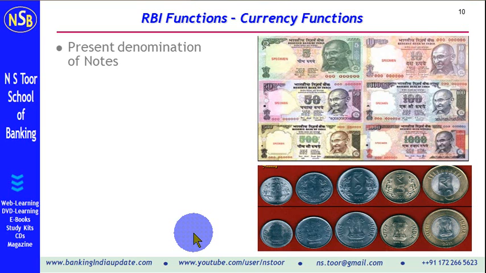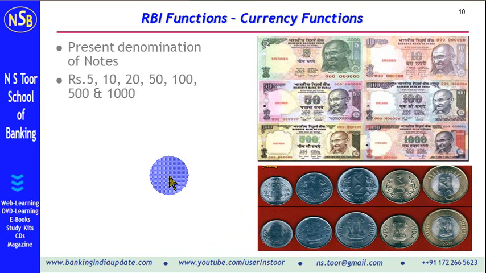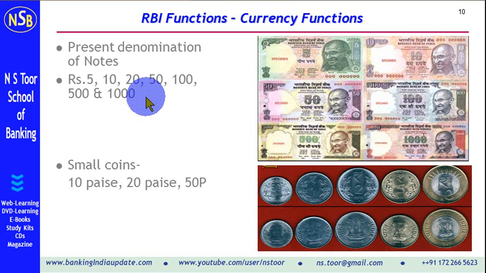The present denominations of notes. So bank notes presently available are in the following denomination: rupees 5, 10, 20, 50, 100, 500 and 1000. And as regards coins, there are two categories of coins: small coins and large coins.